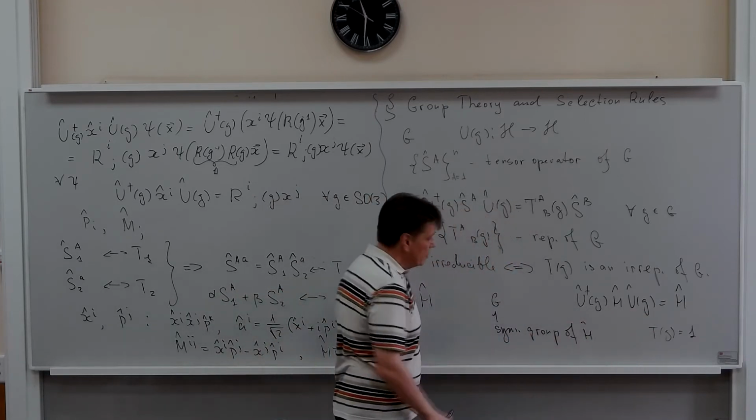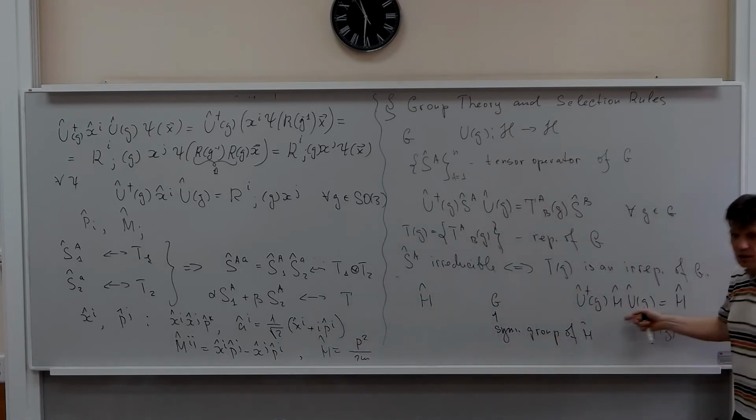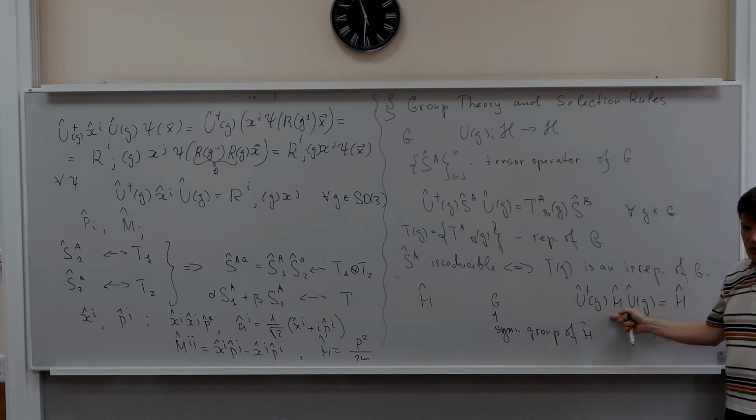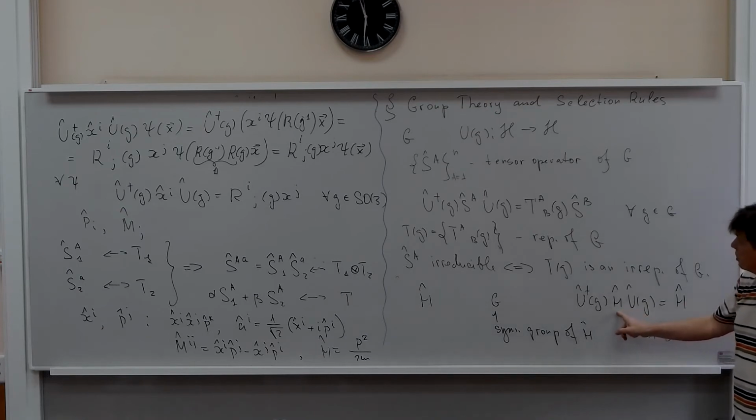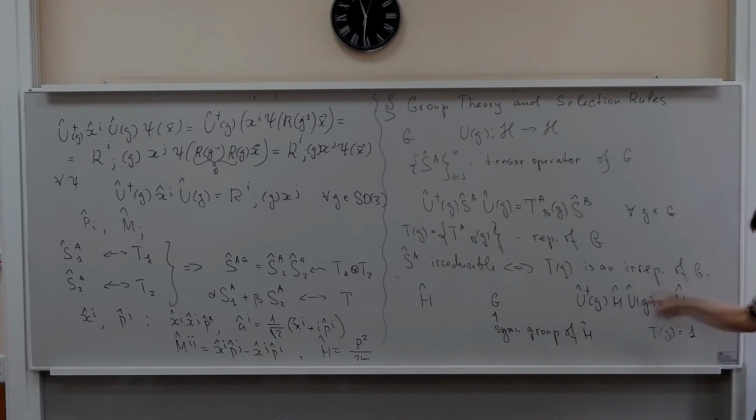The group G is a symmetry group if the corresponding unitary transformations leave the Hamiltonian invariant. Comparing this equality with the definition of the tensor operator, we conclude that we can think about the Hamiltonian as a tensor operator associated with a trivial or unit representation of the symmetry group.